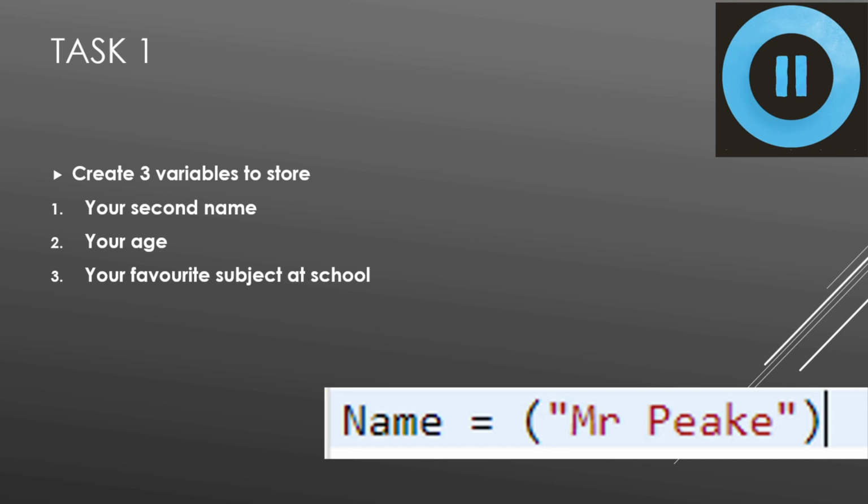So if you need a quick refresher, just scroll back a little bit in the video and pause it there. So remember to name your variables appropriately and store some appropriate information inside. So when you finish that, make sure you pause the video here, complete the task, and then come back and unpause the video. Okay, so hopefully you've all created your 3 variables, and let's move on.